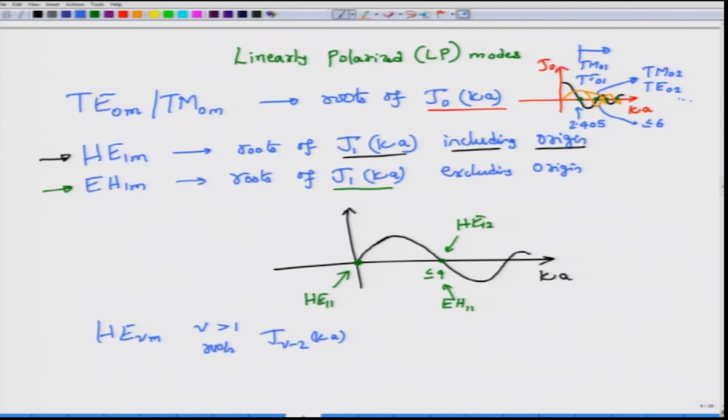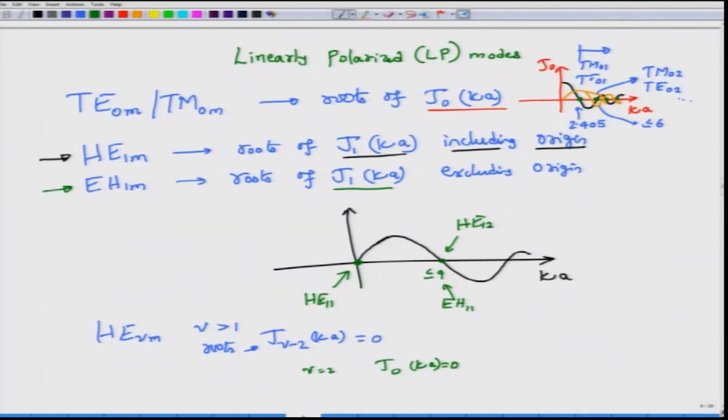So, when you have HE nu m with nu greater than 1, then the roots of J nu minus 2 of kappa A will be the solutions. Okay. Because this is the solution, if you go back and take a look at where J0 is going. When you set nu equal to 2, these will be the roots of J0 kappa A equal to 0.